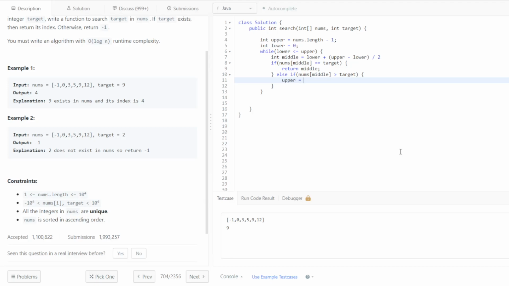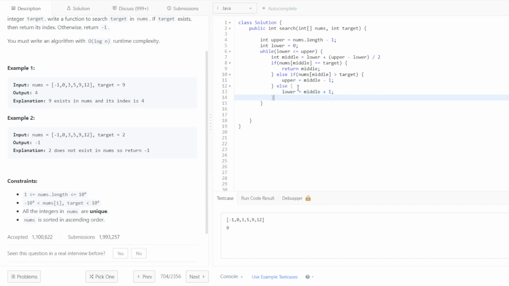So that means upper is going to be equal to middle minus 1. And else, this is the case that the element at index middle is less than the target. We know we're going to want to make our lower bound one above that. So lower is going to be equal to middle plus 1.